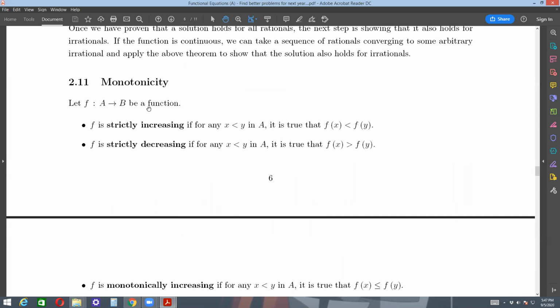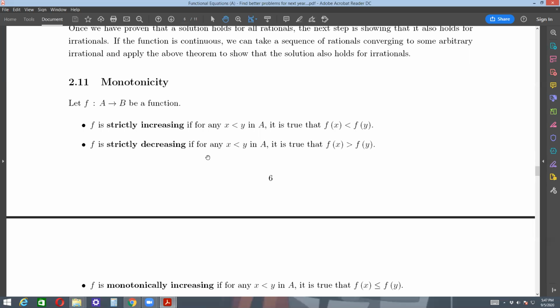Similarly, something is monotonic. It could be monotonically increasing or monotonically decreasing, or it could be strictly increasing or strictly decreasing. Monotonic just means it increases or decreases in the same way. So it either always increases or it always decreases. If it's strictly, it means it strictly increases or strictly decreases.